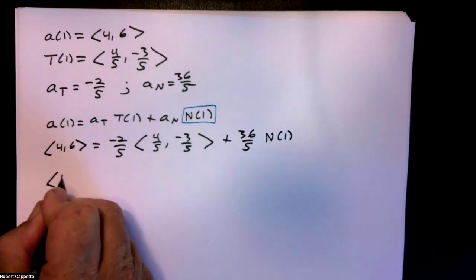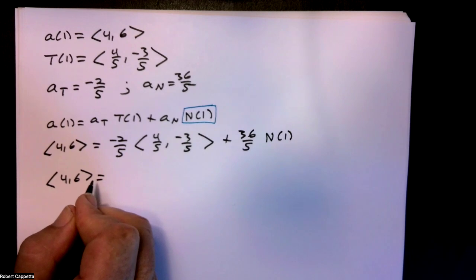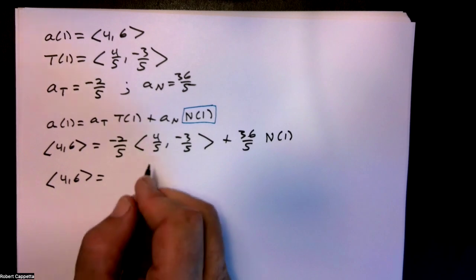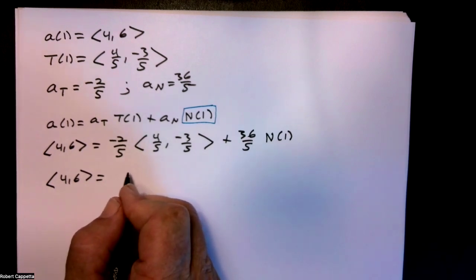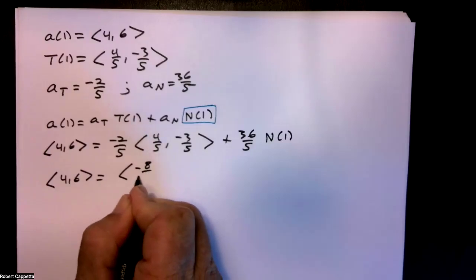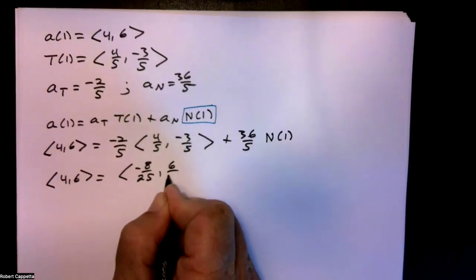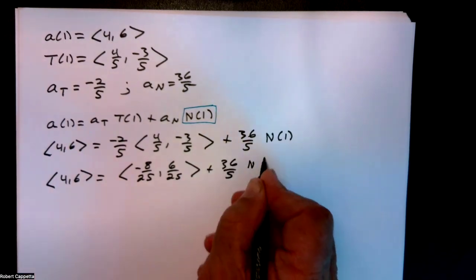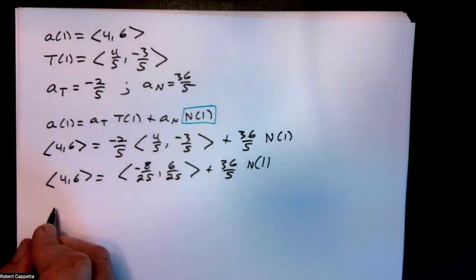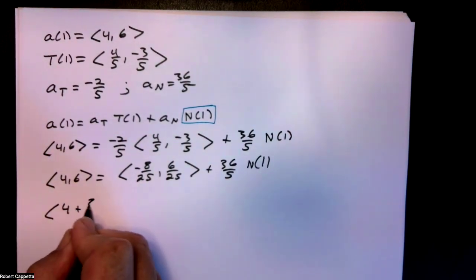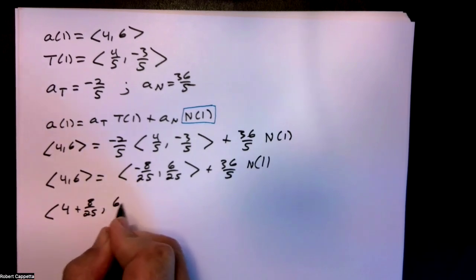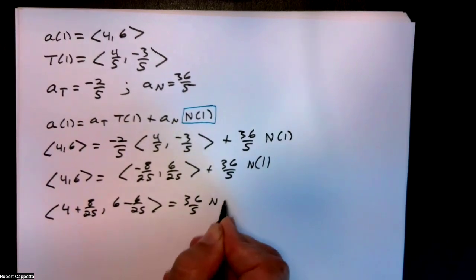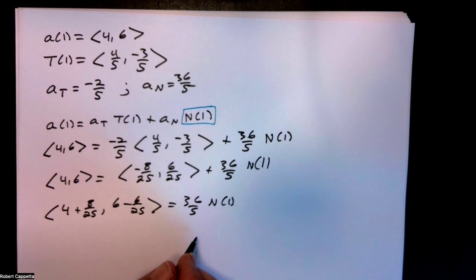What is that going to give me? 4, 6 equals negative 2/5 times 4/5, negative 3/5, that is negative 8/25, 6/25, plus 36/5 N of 1. Let's go ahead and do the arithmetic here. So that'll be 4 plus 8/25, 6 minus 6/25 equals 36/5 N of 1. So what is that?